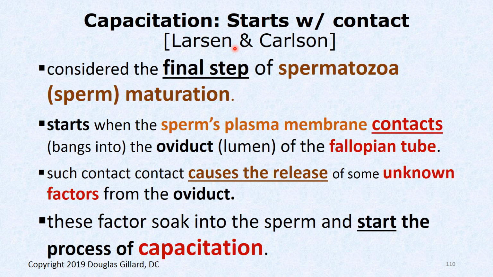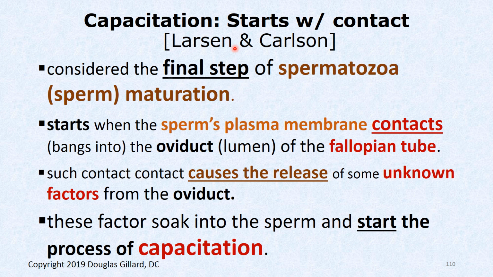Where does fertilization occur? I know in the fallopian tube, but where? The ampulla of the fallopian tube. So just banging into the walls, which is the oviduct, the oviduct's like a lumen, some chemicals are released, and we're not 100% sure what they are, so I didn't put those in.